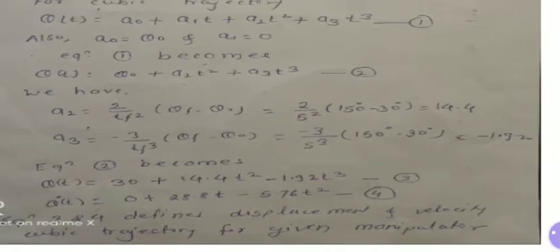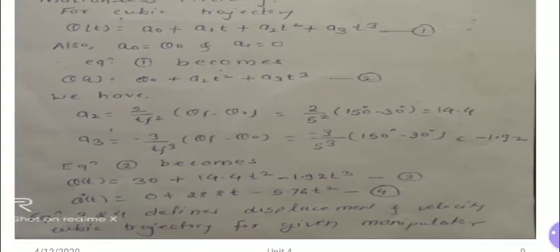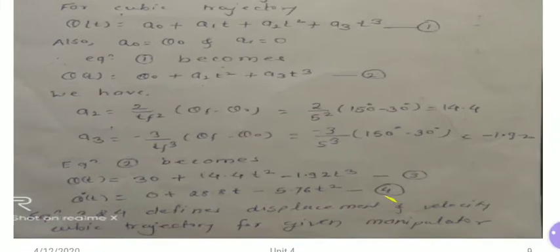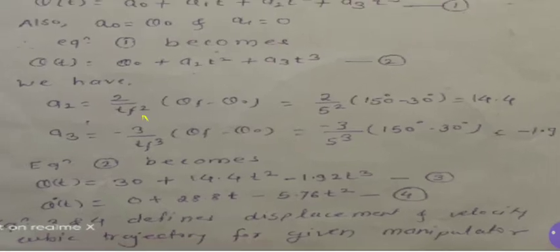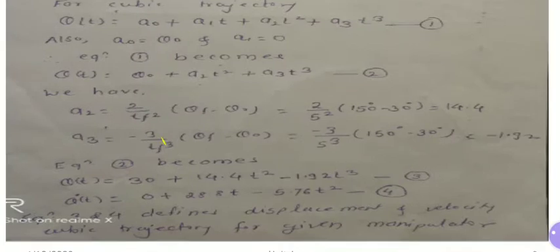Now we have all the values of a0, a1, a2 and a3. I will substitute these values in equation number 2. So equation number 2 becomes theta of t is 30 plus 14.4 t square minus 1.92 t cube. This is the expression for the position trajectory.